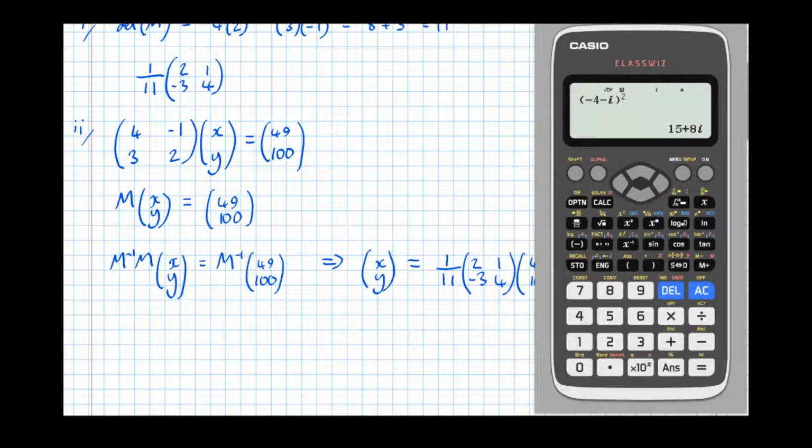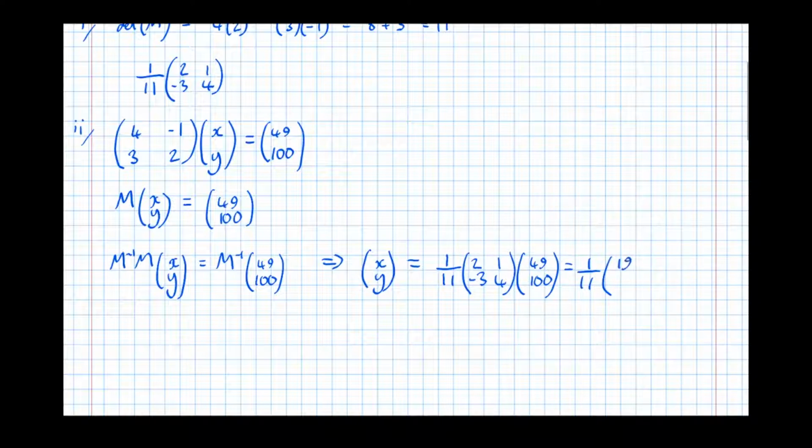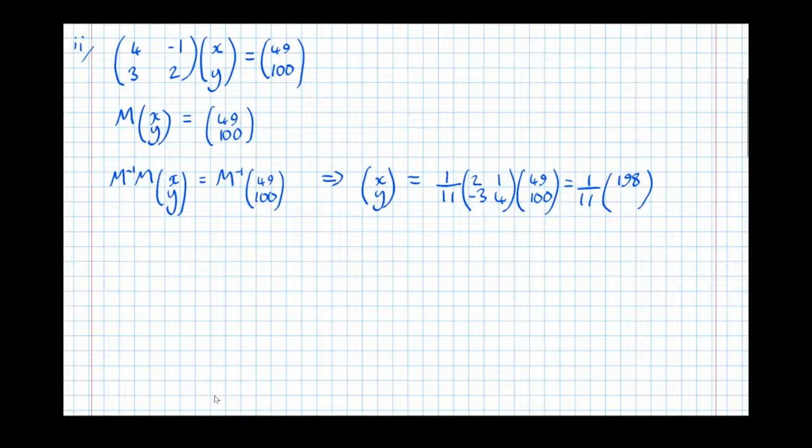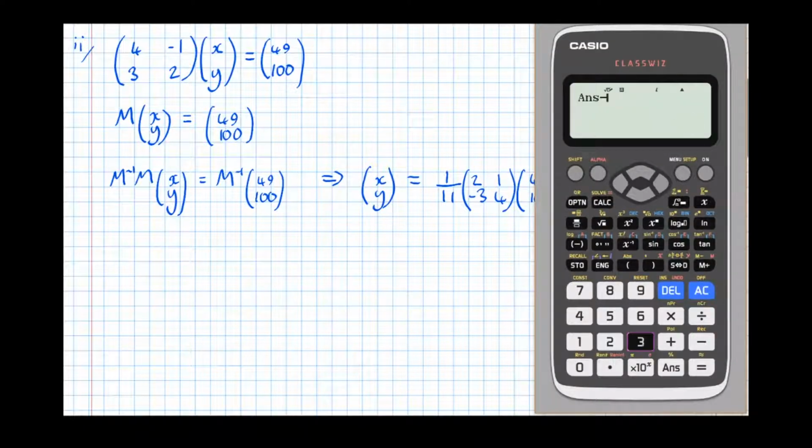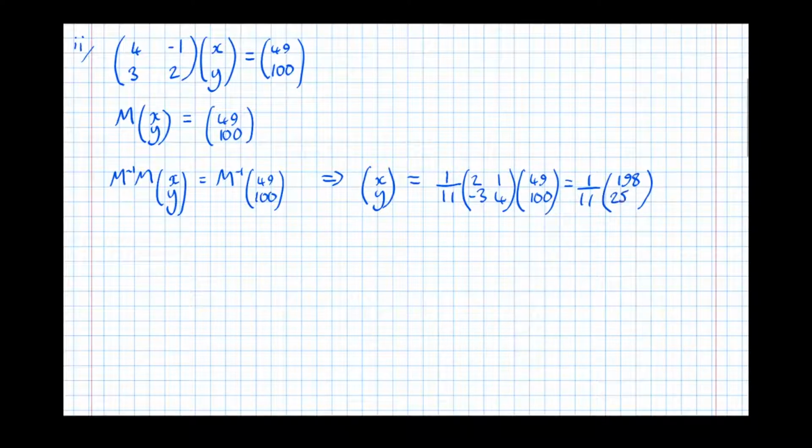So using the calculator, 2 lots of 49 plus 100, which is 198. So 198 on top, then minus 3 times 49 plus 4 times 100 equals 253 on the bottom.